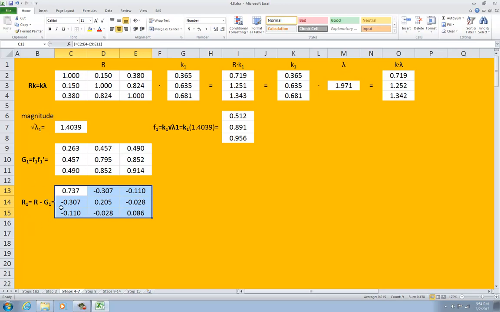The diagonal entries in this residual, right here, indicate what proportion of variance in each variable is not accounted for by factor 1. So we can see 73.7% here is not accounted for, and as we go down it gets less and less. And the off-diagonal entries indicate how much covariance in each pair of variables is not accounted for by factor 1. So this matrix indicates how much more factoring needs to be done.